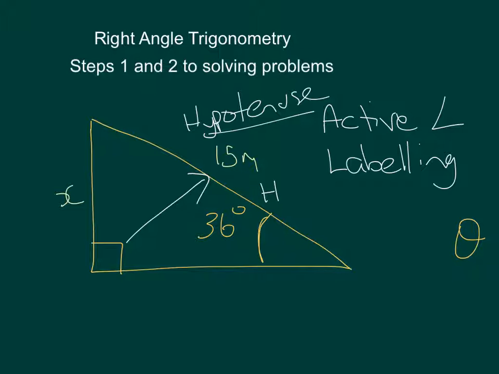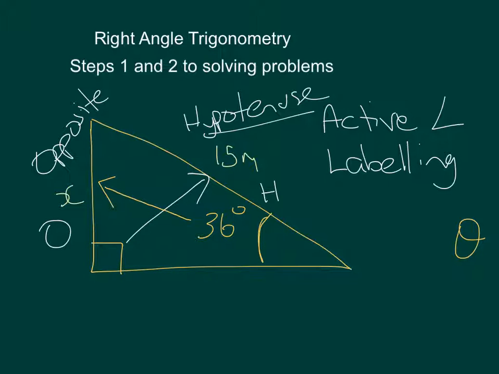The other sides are dependent on where the active angle is. So if our active angle is here, 36 degrees, we're looking at the other two sides. The side that is opposite the active angle, so it doesn't connect at all to the active angle, we call the opposite. Just write opposite, because it's opposite the active angle, and we often call that O for short.